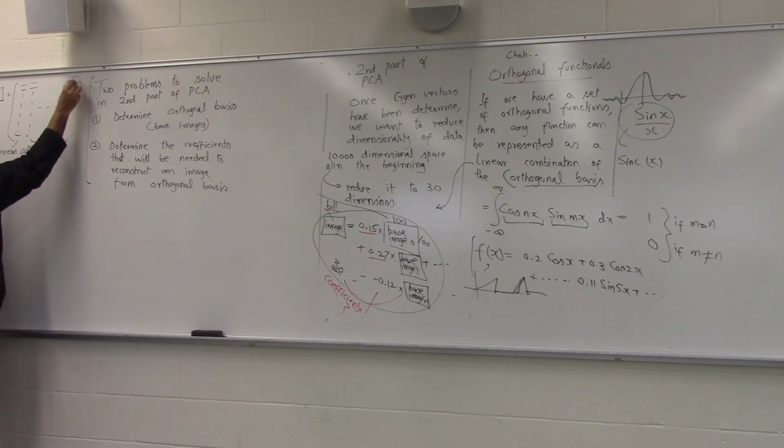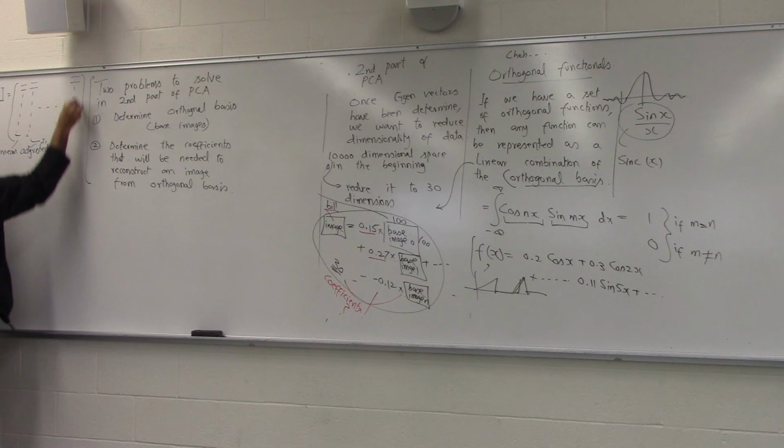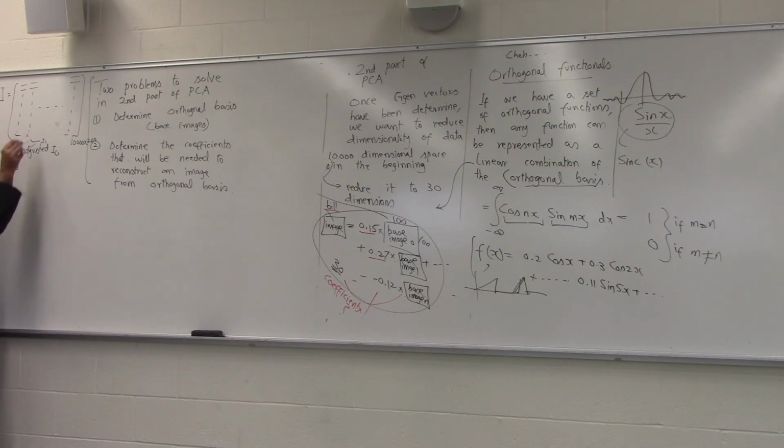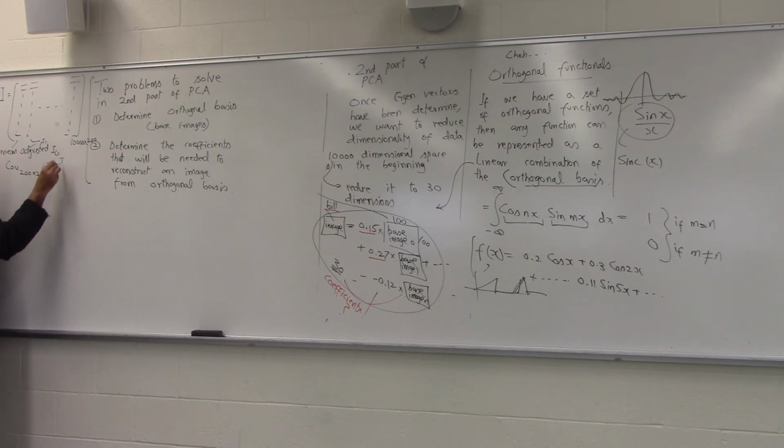And so what was the dimension of this? 10,000 by 200. You guys agree? I matrix was right. Then we created the covariance matrix. What was the dimensions of the covariance matrix? 200 by 200. So this was created as I transpose times I.